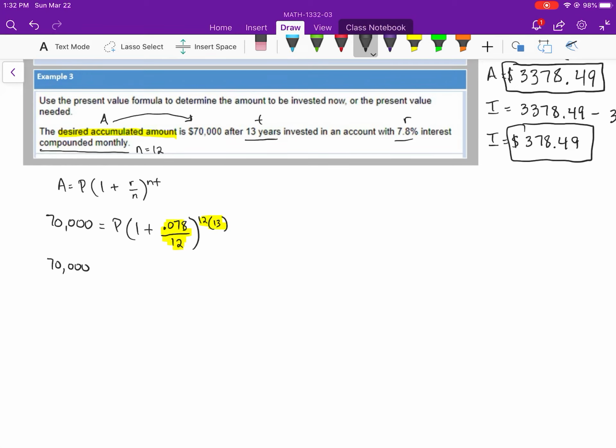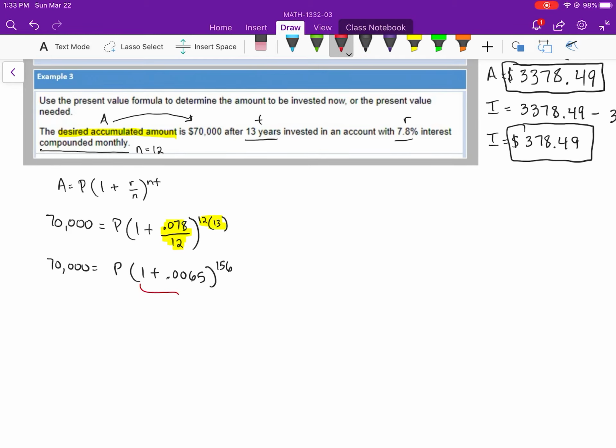Okay? So 70,000 equals P times 1 plus 0.078 divided by 12, 0.0065, and 12 times 13, and take it to the power of 156.